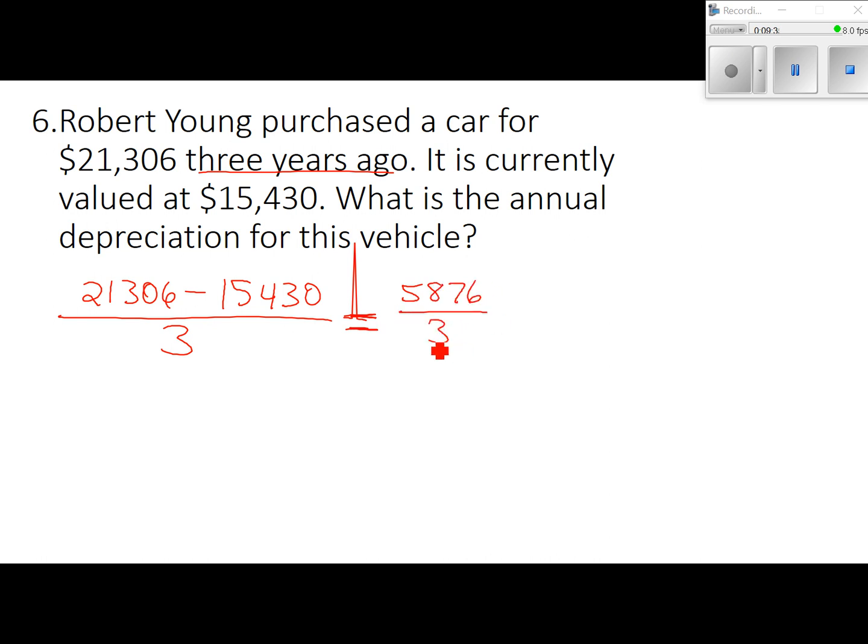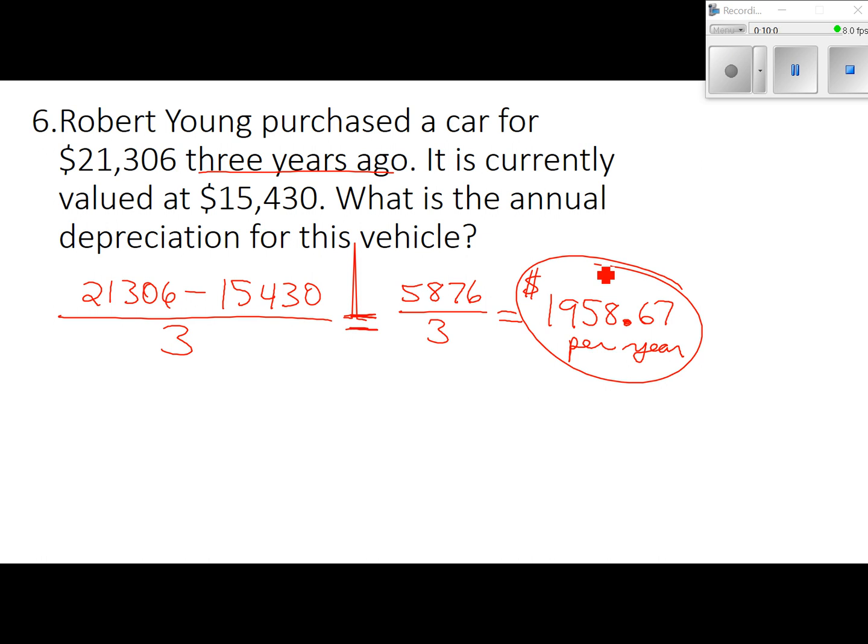And then you take that answer and divide it by 3. And so it's depreciating about $1,958.67 per year. That's how much it's depreciating. So his car is going down almost $2,000 per year.